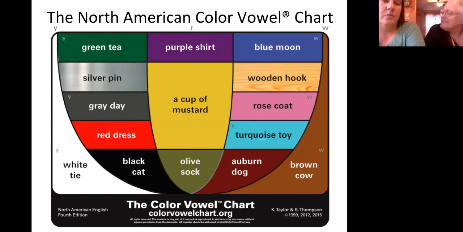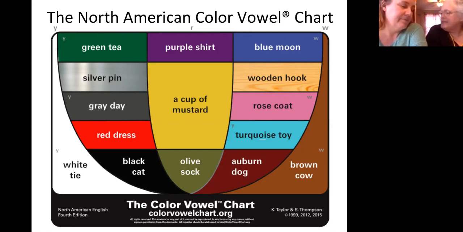This is a system where the keyword phrases, or what we call the anchor phrases, each feature the vowel sound that they represent. So green, tea, both contain E. And so now we have a name for that sound without having to write a phonetic symbol. We just call that the green sound. Or we don't have to call it long E or long I, right.